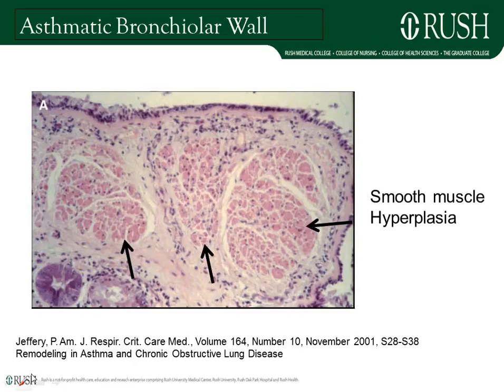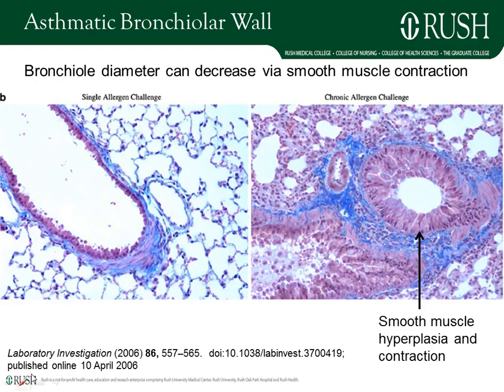Normally this would be a much smaller layer. So this is an example of hyperplasia. And so not only do you get prolonged contraction and closure, or narrowing of these bronchioles, you have so much muscle that they really close off quite a lot, as well as too much mucus too.